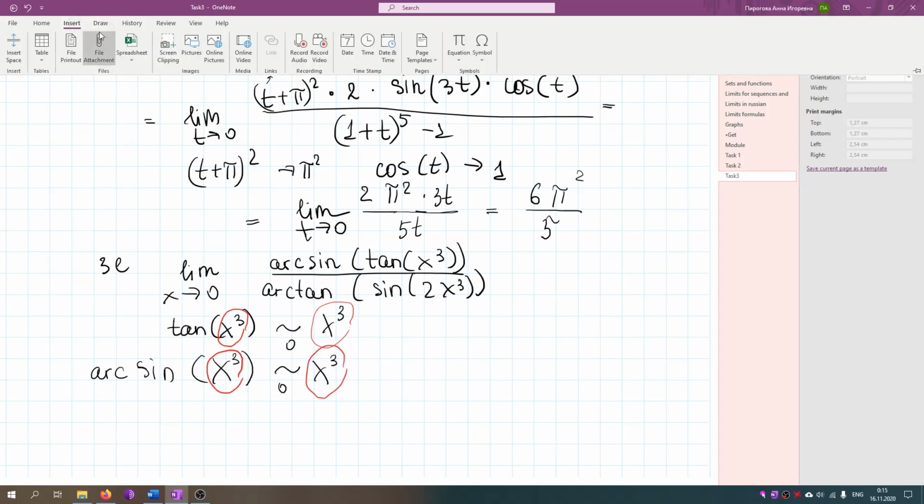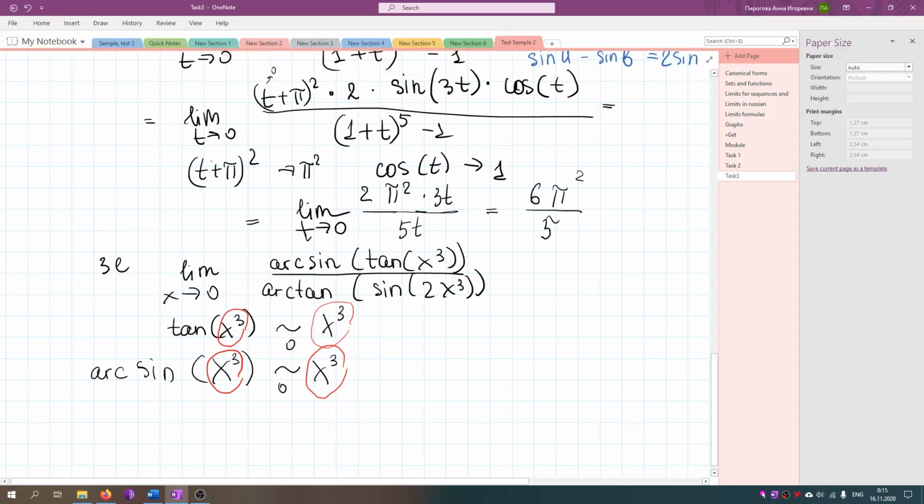So great, let's work with the denominator. Let's start with the inner function, sine 2x in the third power. Yes, here we have 2x in the third power as an argument, and we will use it in our equivalent function.